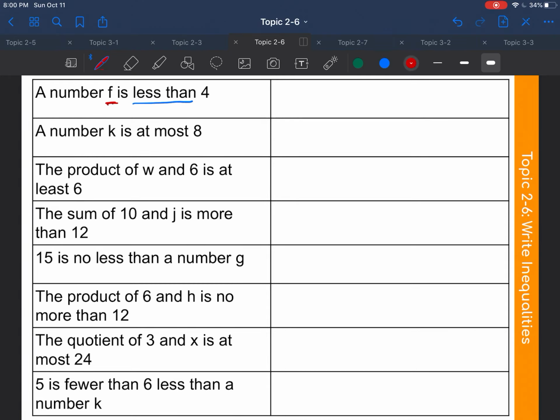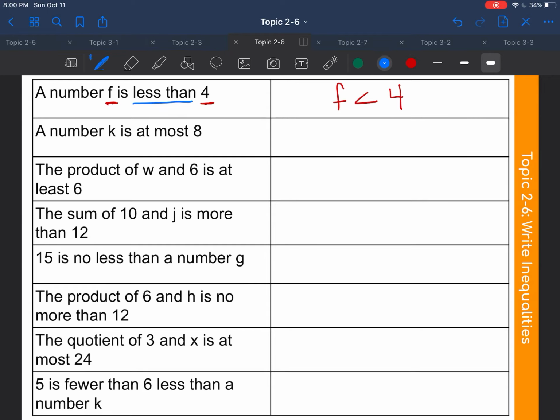Let's underline the phrase. I see less than, and the number that it's less than is 4. So f is less than, which is the less than symbol, 4. That's a pretty straightforward one. f is less than 4.